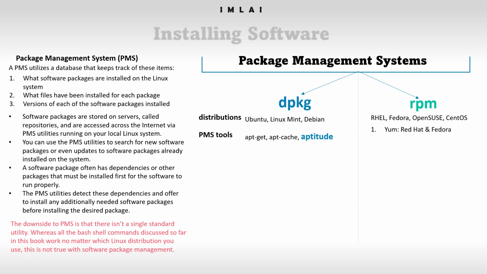On the other side, in the RPM side, like the Debian based distributions, the Red Hat based systems have several different front end tools that are available. The common ones are yum for Red Hat and Fedora, urpm for Mandriva, and zypper for openSUSE.